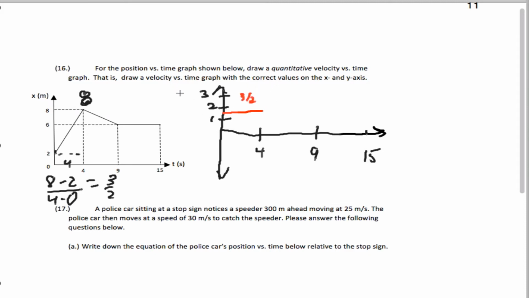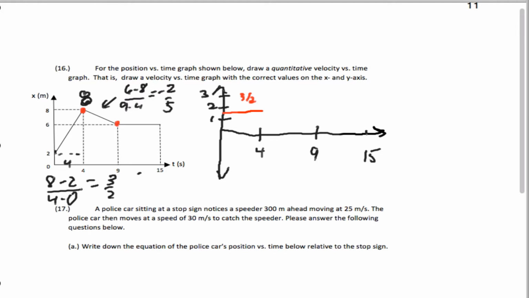Now, what happens from 4 seconds to 9 seconds is that my position goes from 8 to 6. So to get this second part, that's going to be 6 minus 8 over 9 minus 4, and that gives me negative 2/5.